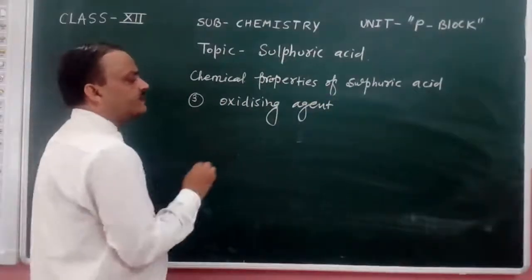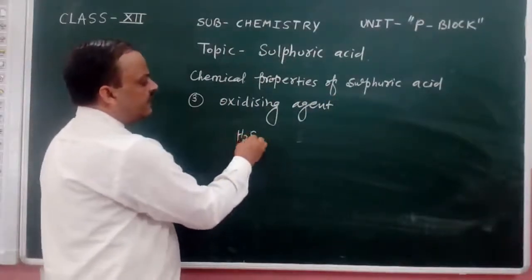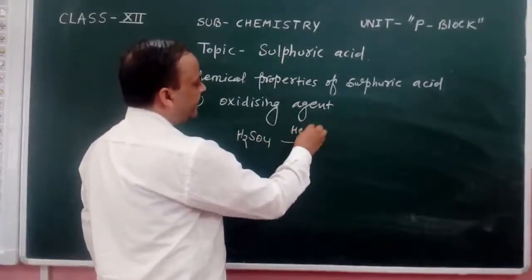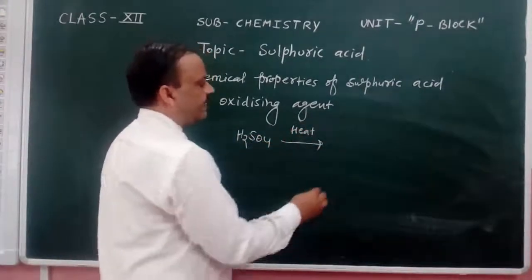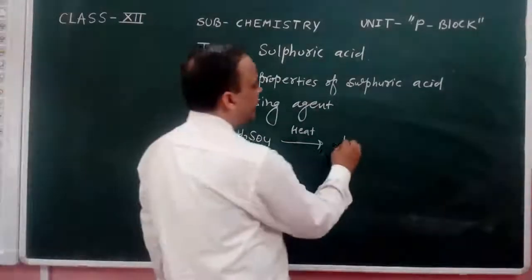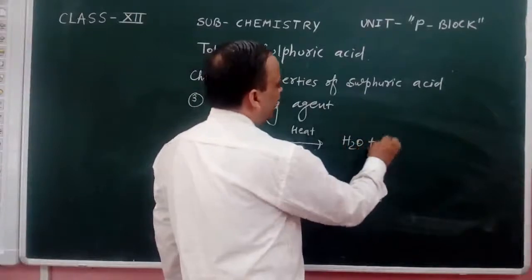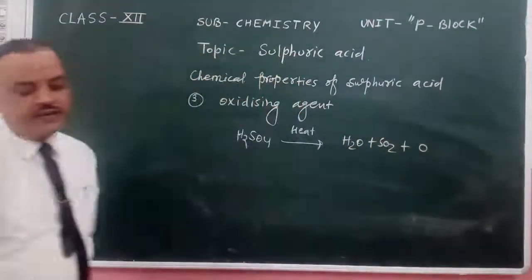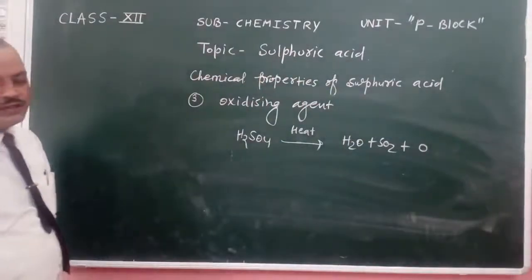How does it behave like an oxidizing agent? When H2SO4 is heated, it produces nascent oxygen: SO2 plus oxygen. That is the nascent oxygen it produces.